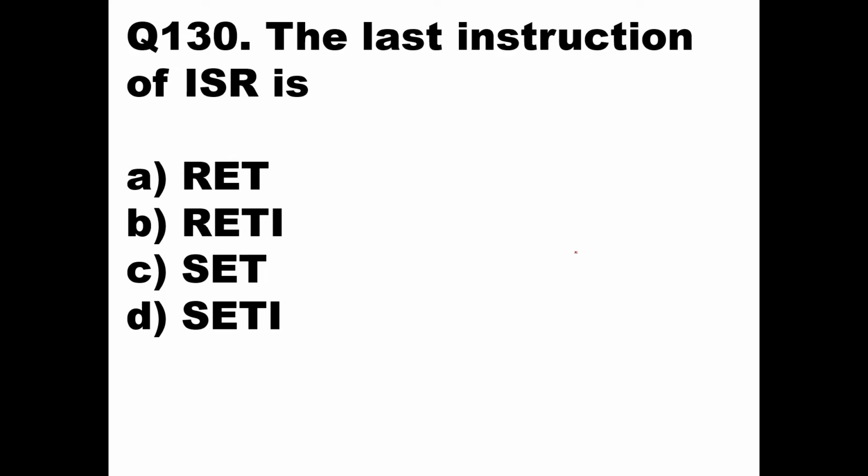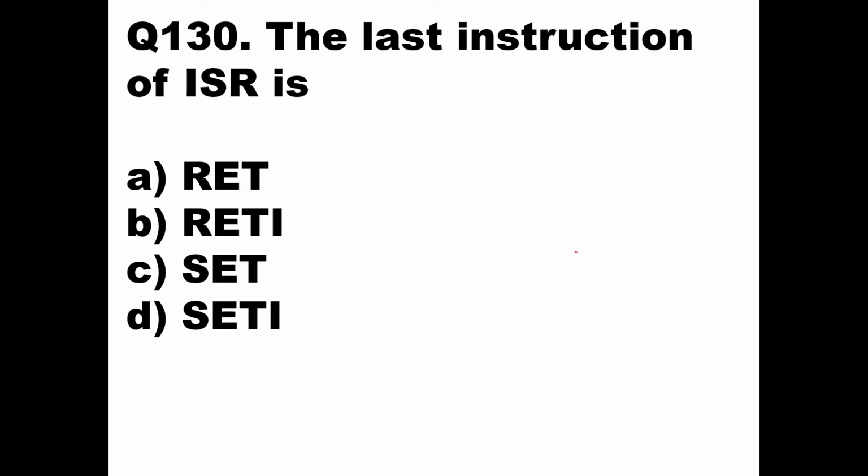Question number 130. The last instruction of an ISR is, the last instruction of a particular interrupt service routine. Every interrupt will have its own interrupt service routine, and for every interrupt service routine the last instruction should be return from the interrupt, that is RETI.